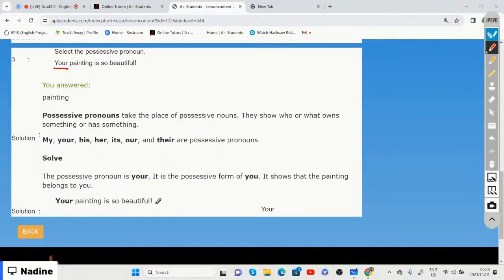And also it shows that the painting belongs to you. All right. So your is our possessive pronoun. Let us go to the test.